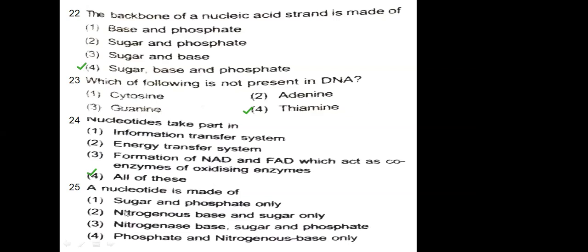A nucleotide is made up of sugar, phosphate, nitrogenous base, sugar, nitrogenous base, sugar, and phosphate.